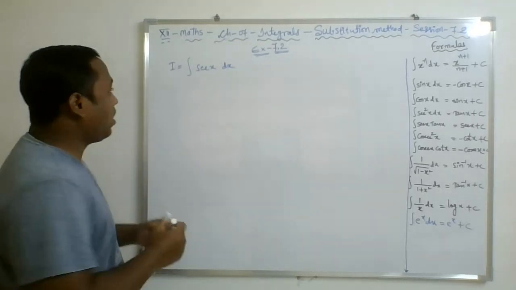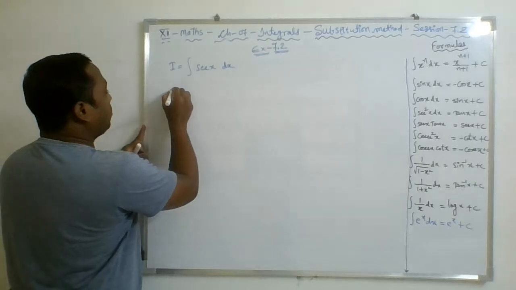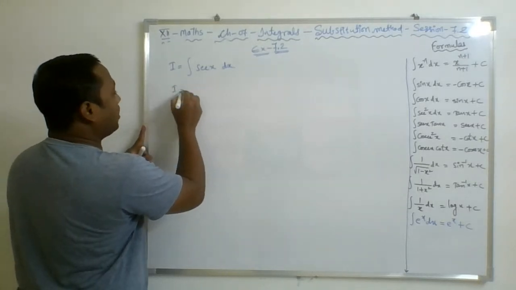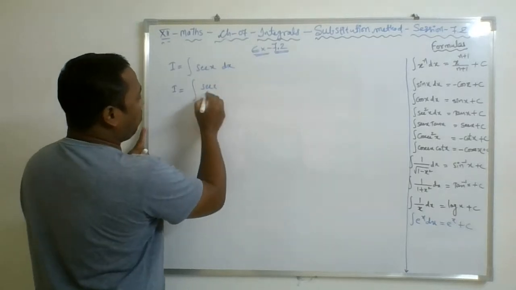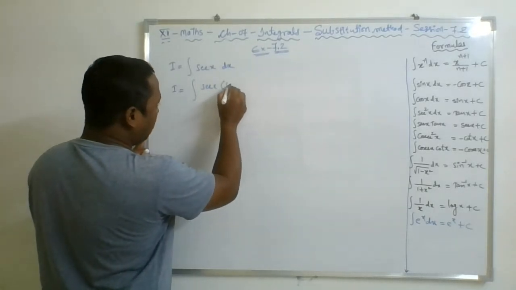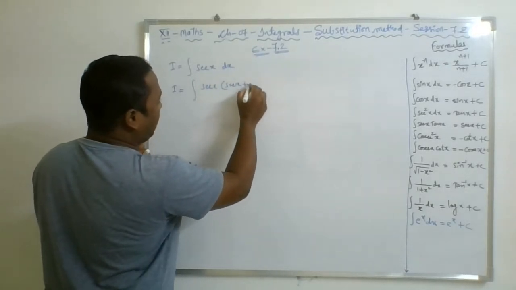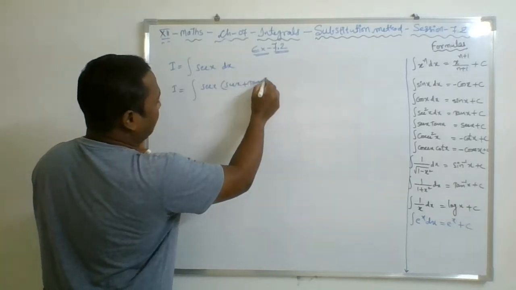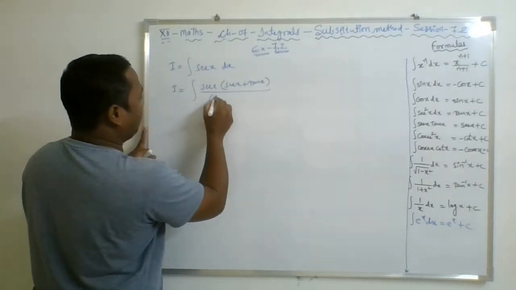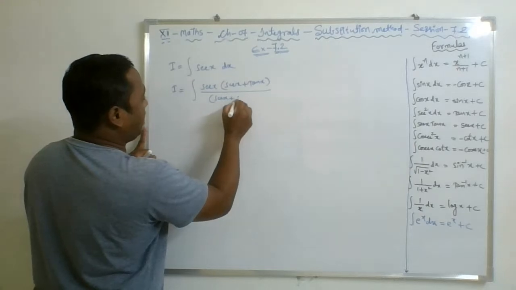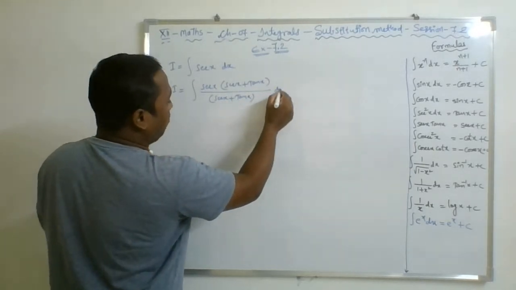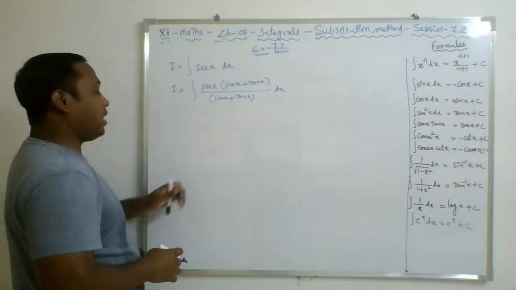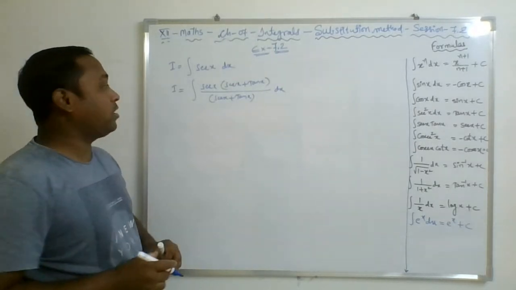So what I am doing here, to get into a substitution technique, is multiplying and dividing this quantity with a specific quantity, sec x plus tan x by sec x plus tan x. I am multiplying and dividing with this quantity purposely so that I can get something which is required.